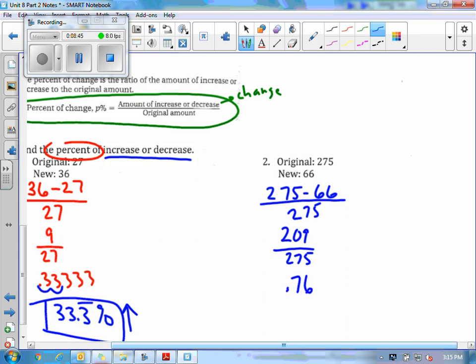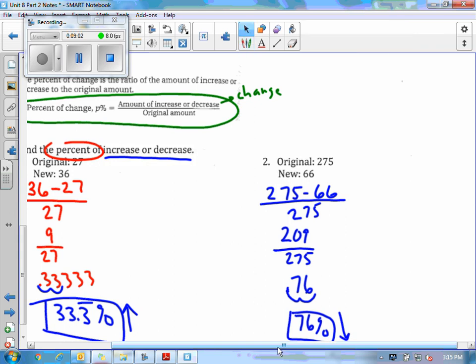Again, I'm not there because I'm looking for the percent. I'm going to go 2 to the right, I get 76%. Question asks for the increase or decrease. In this case, my original is going down, so I say that's a 76% decrease. And you can write out the word or draw an arrow.